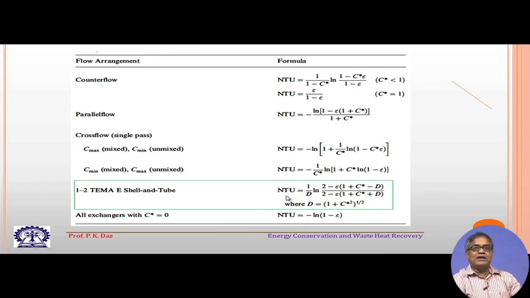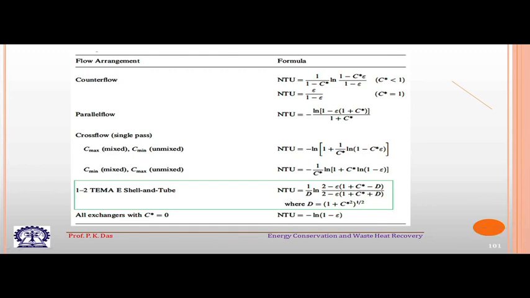So, again I would like to repeat, I have shown here two methods of determining NTU. One, that we can use some sort of a chart. There are different kinds of charts. The chart which I have used uses values of P and R to calculate or to estimate NTU.